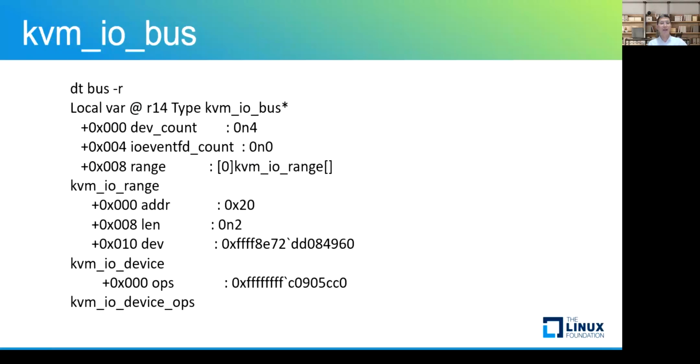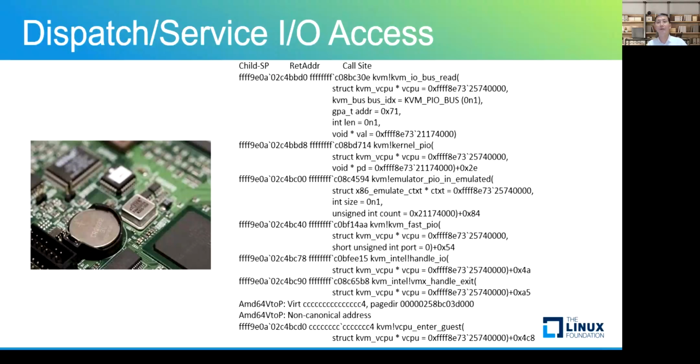And in KVM, there is a KVM I/O bus. It will manage all the I/O ports and the registered function callbacks. For example, here is a VM exit for port I/O.